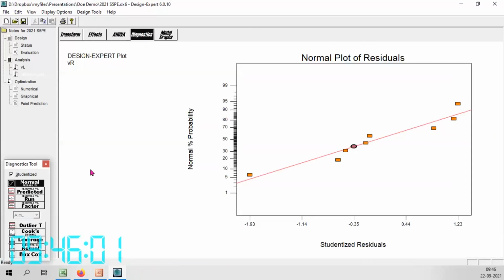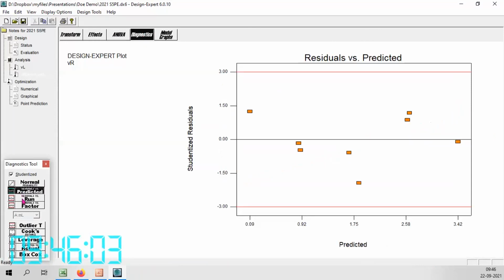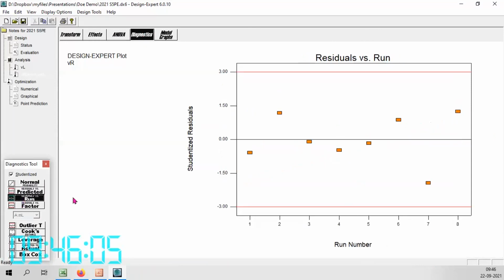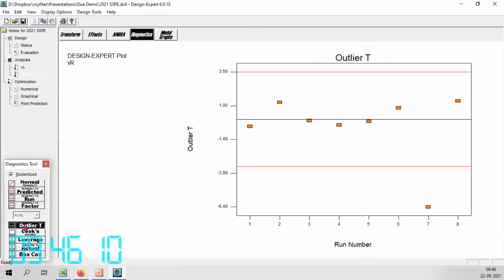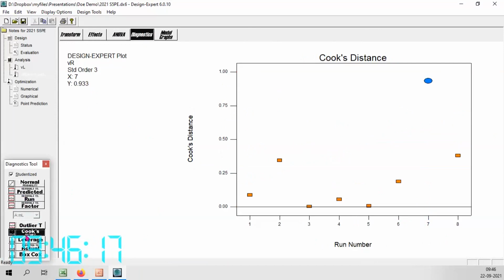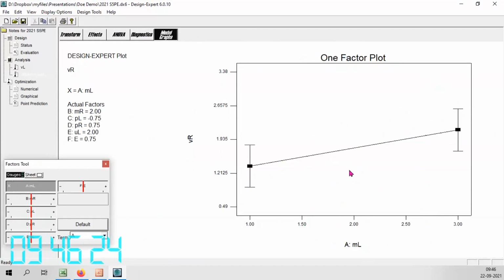So we analyze normal plot of results, predicted, run, and any mistakes can be identified in this. Results versus run, one outlier is there. That is the problem. Okay, we'll neglect that since time is limited.